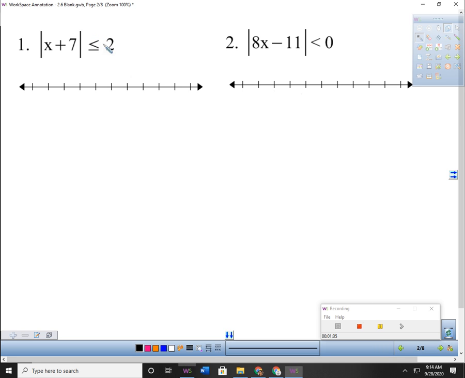So number one. The very first thing I'm going to do is make sure that absolute value is the only thing that's over here. Okay, there's nothing else over here. My absolute value is the only thing that's here. So I'm going to set up two problems. The first one is what is in your absolute value sign, and then you keep everything the same.